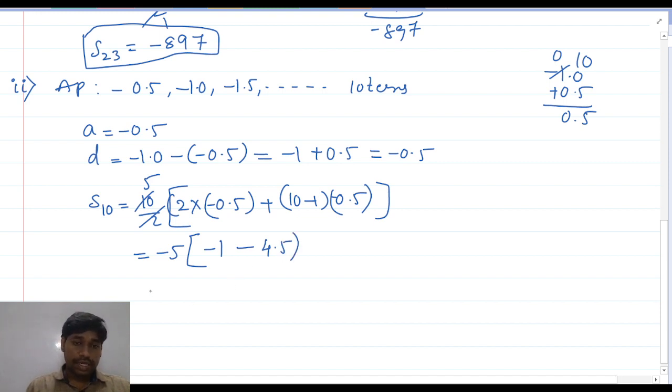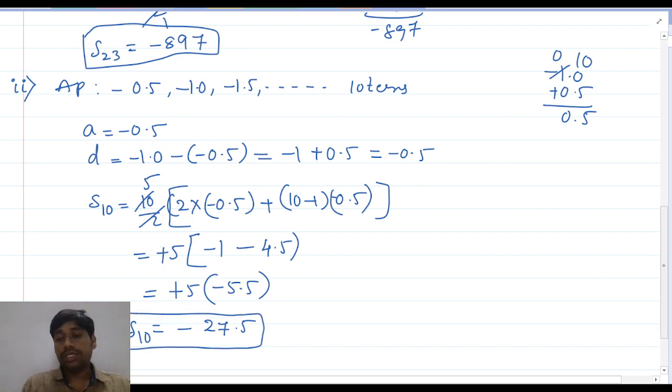So we are getting that minus 5 of 5.5, which is equal to minus of minus, sorry, outside minus not there here, minus into plus minus, it is 27.5. So sum of 10 terms of this AP is nothing but this is.